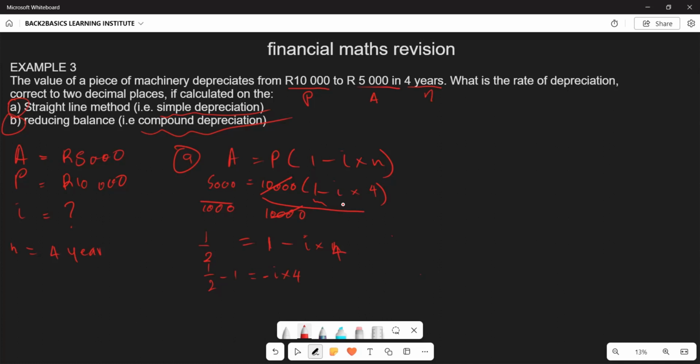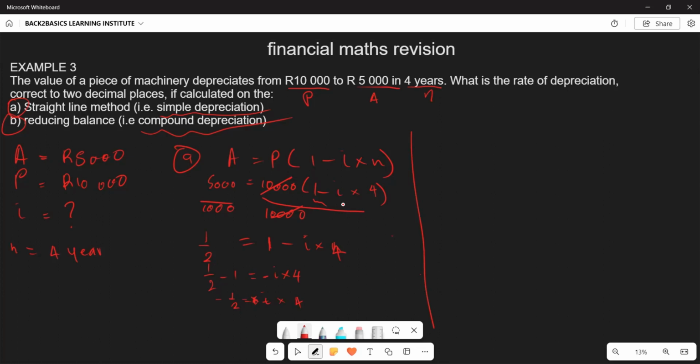And half subtract 1 is the same as negative half, which is equal to the negative I multiplied by your 4.